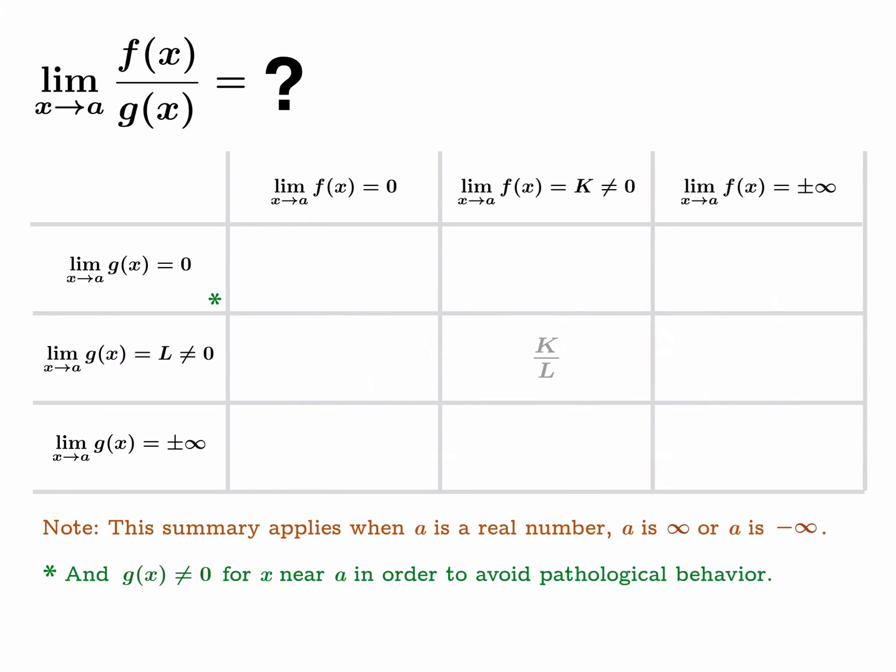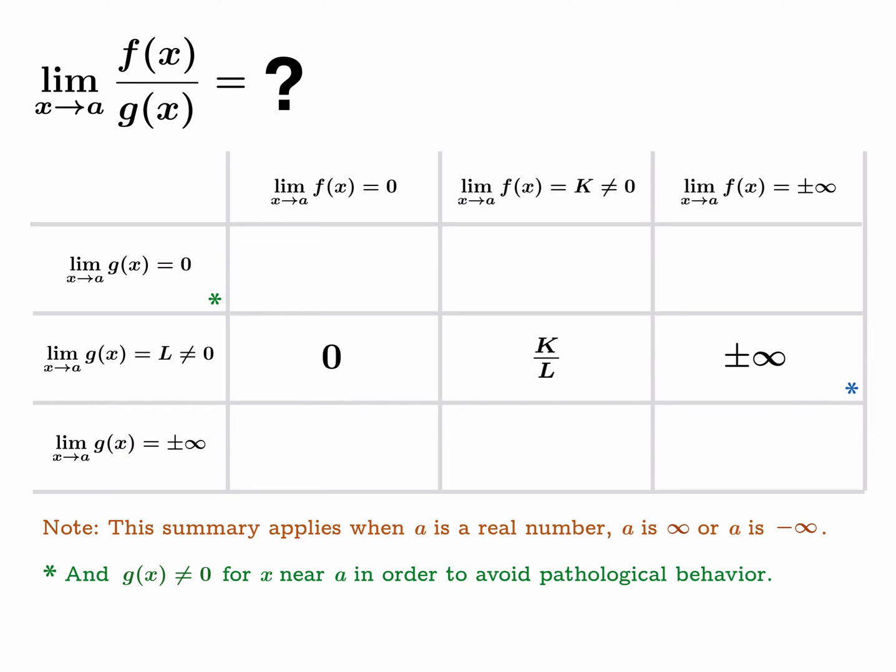The easiest cell on this board is the middle cell. That's where the limiting value of the numerator and the denominator are both non-zero. It's pretty intuitive that the limit of the quotient should be the quotient of the limits. Similarly, if the numerator is going to 0 and you're dividing by something that's approaching some non-zero constant, that quotient should have a limit of 0.